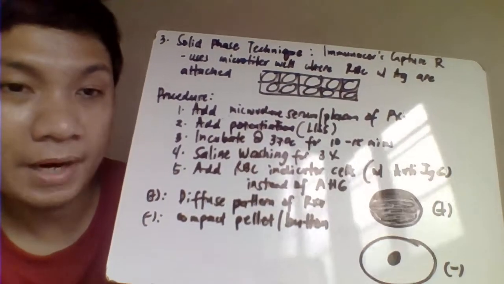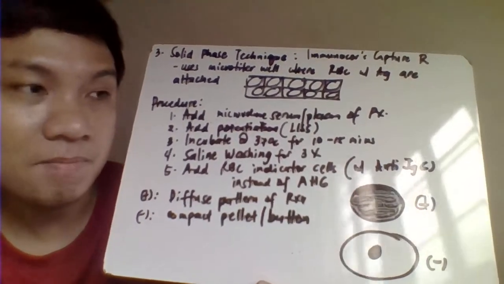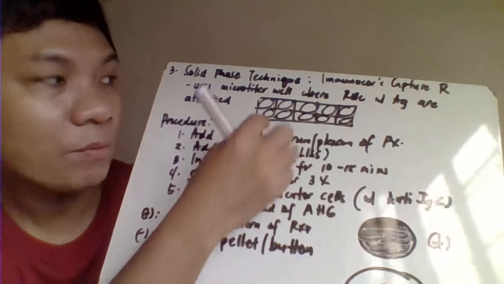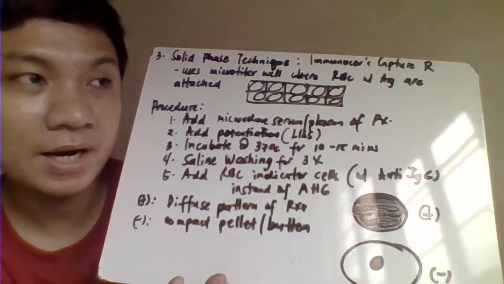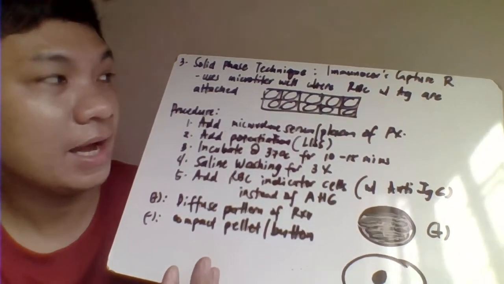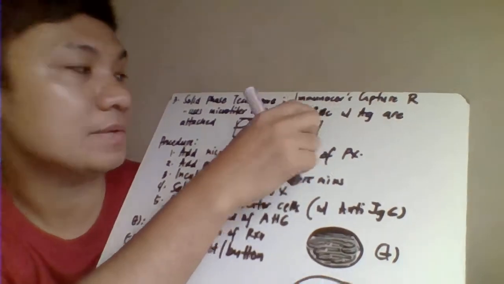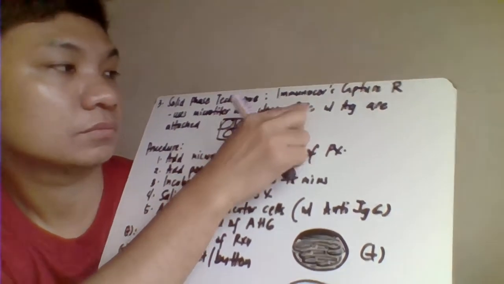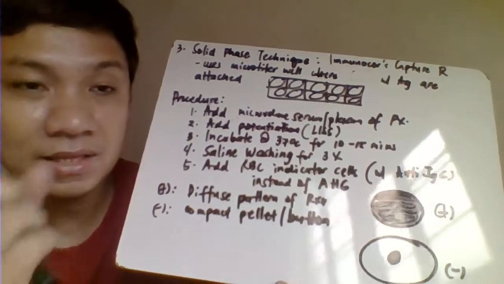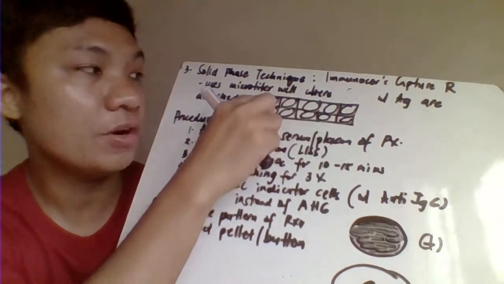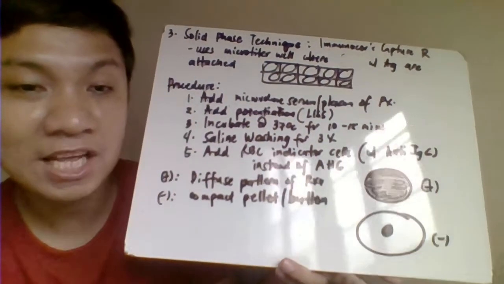Tinawag niya ang Immunocore Capture R. So, this one is made up of your microtiter plate or microtiter well, wherein the reagent is absorbed in your microtiter well, not on the RBC. Again, ang ating antigen na panel cell natin, hindi siya nilagay sa RBC, but rather on your microtiter well. So, dito sa well natin nilagay, in-attach niya.